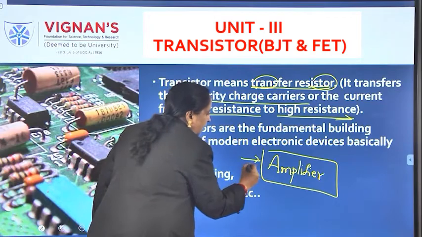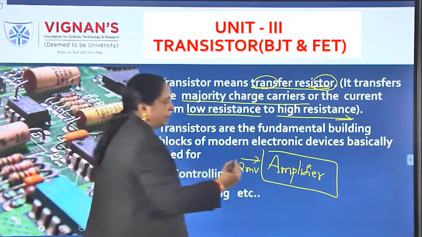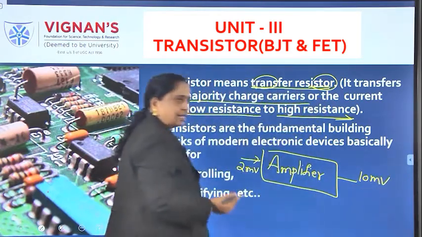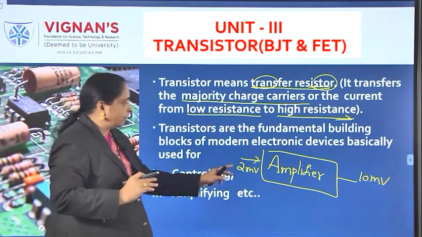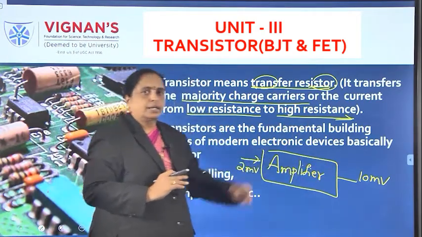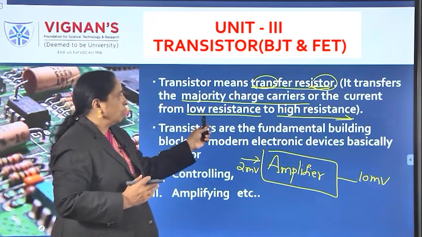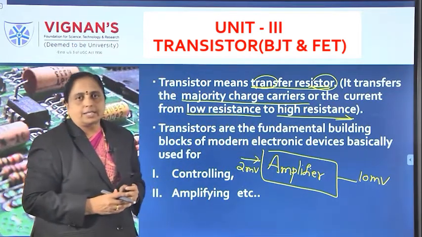I am giving 2 millivolts of signal here and I am getting 10 millivolts. So there is a drastic change in the voltage of the signal. The magnitude is raised from 2 millivolts to 10 millivolts, and that is done only by the signal passing from low resistance path to high resistance path.